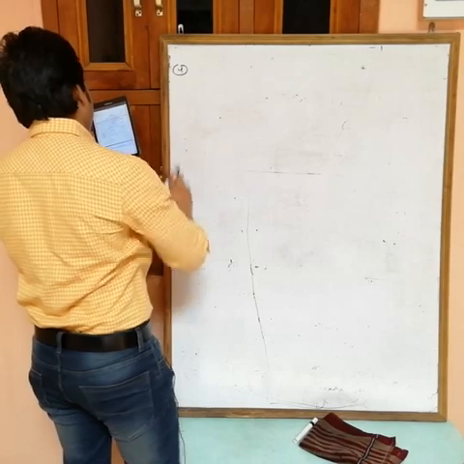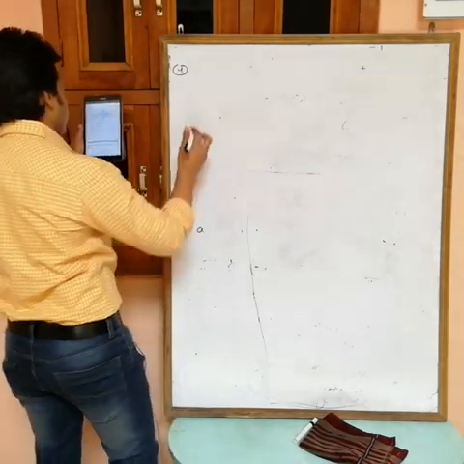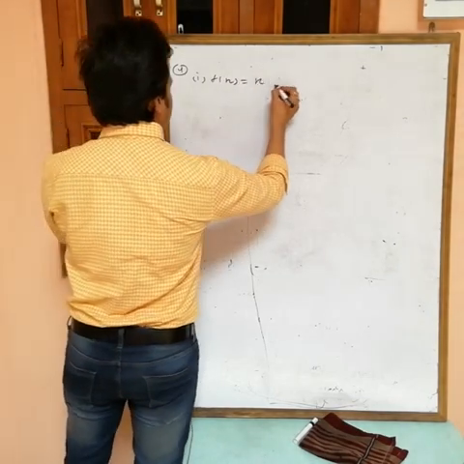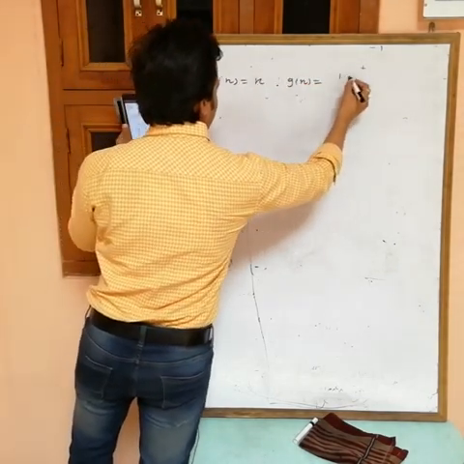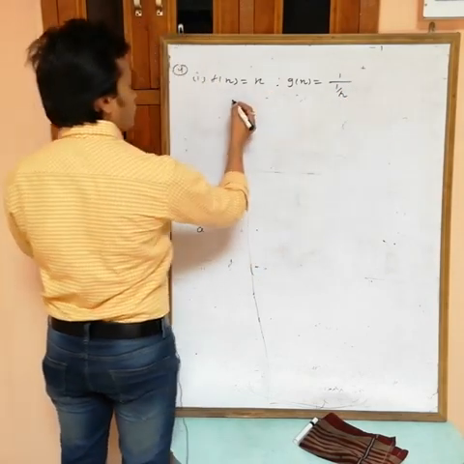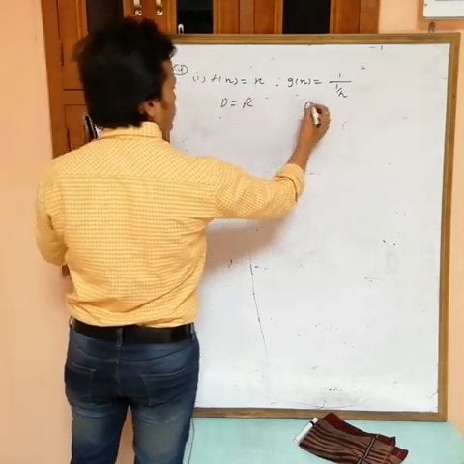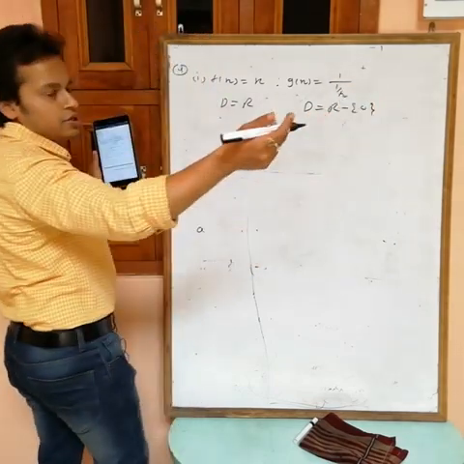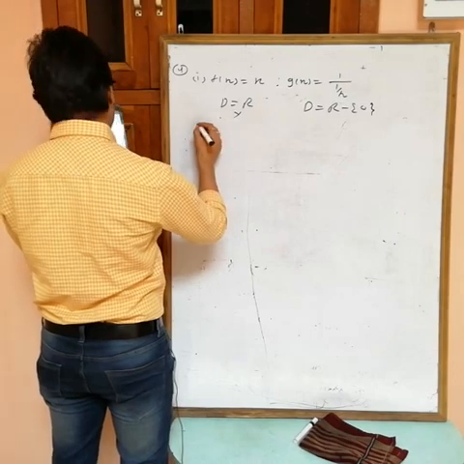In the fourth one, we have to identify which one is the identical pair. First is f(x) equals x and g(x) equals 1 by x. Okay, for this one the domain is R, for this one the domain is R minus 0. 1 by x, na, so we can't put x equals to 0, so these are not identical.